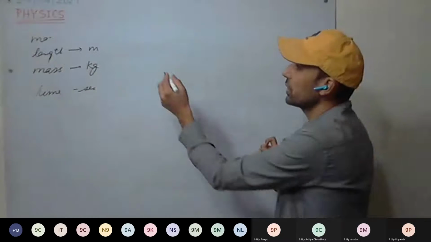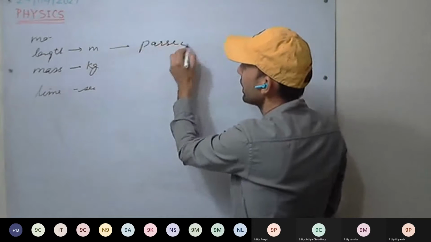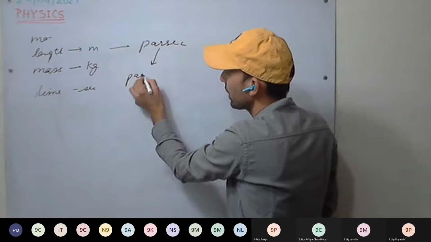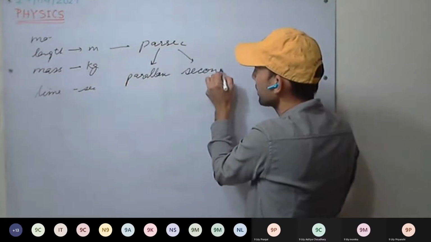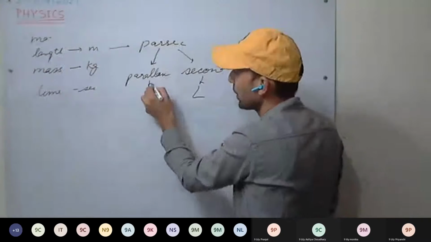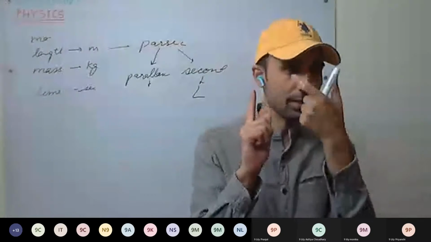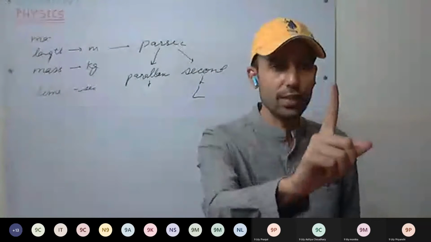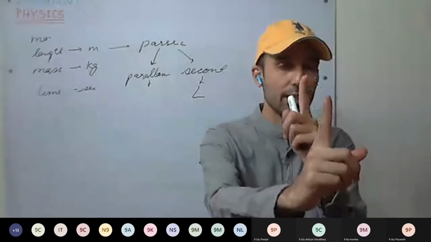Now one unit we have left in length, the non-metric unit parsec. It is made up of 2 words: parallax and second, where second is an angle. What is parallax? You have two eyes, with a distance between them. Place two fingers in front of you and close one eye.